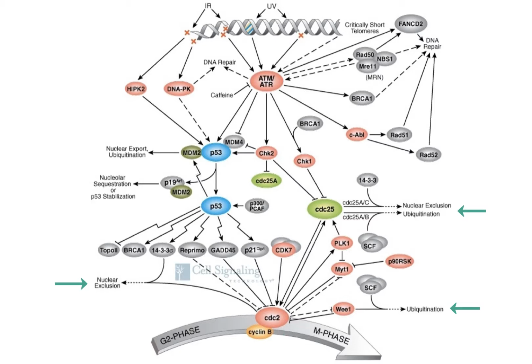So any of the proteins in this whole network, if they mutate, can cause the cell not to repair itself and not to die and start dividing to form a tumor.